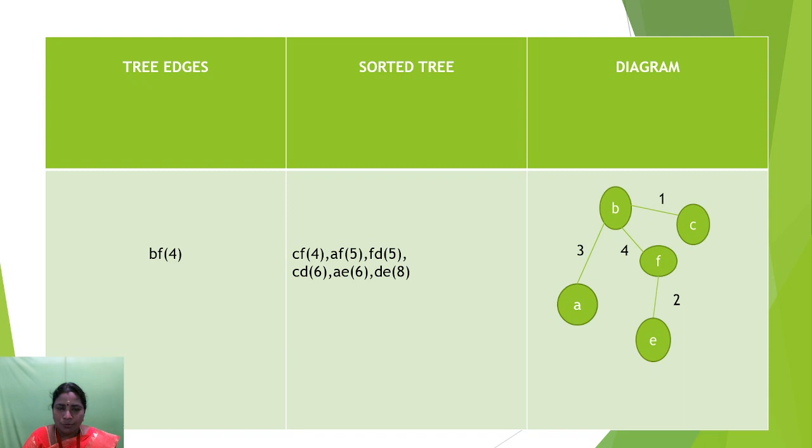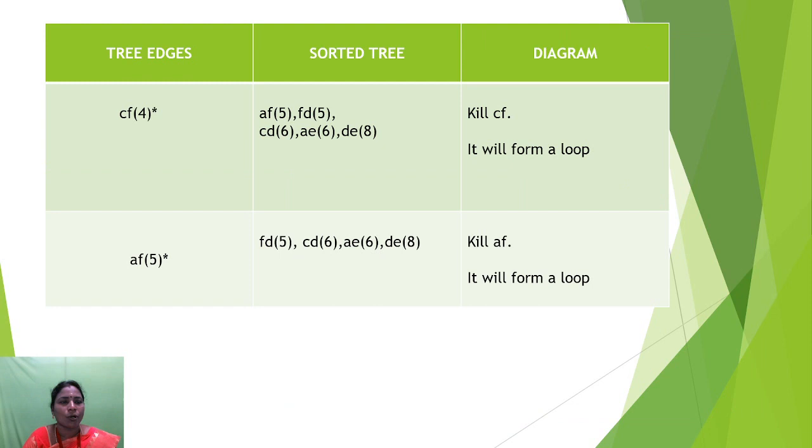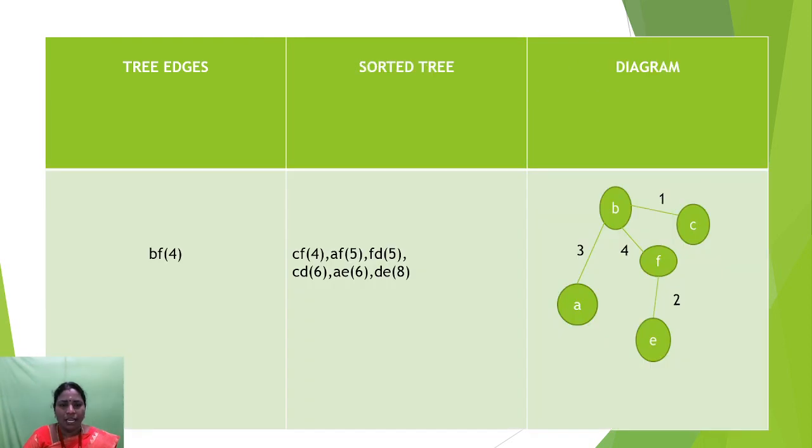You can guess what value comes to the left. CF4, it comes to the left. Yeah, this is the next lowermost value. So I can move CF4 to the left. But in the center sorted tree, there is no need for changes. You just write the previous rest of the elements.